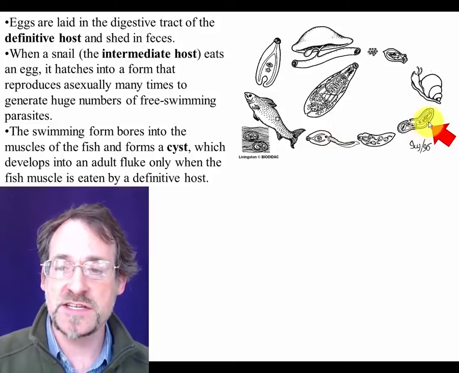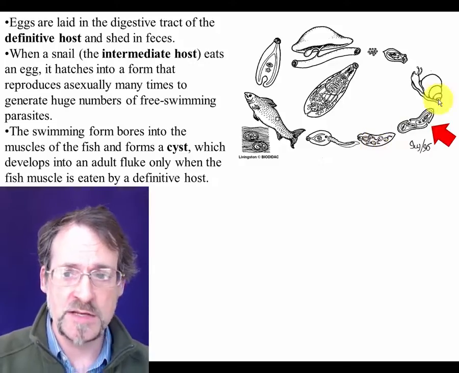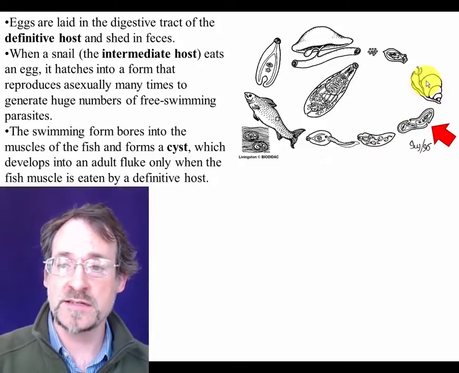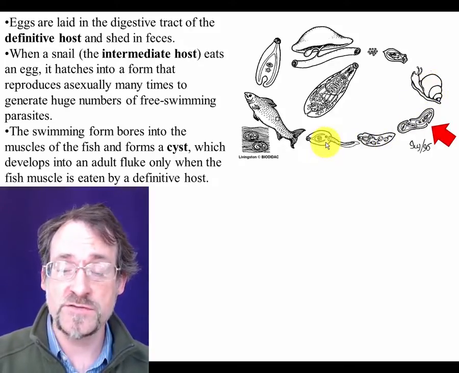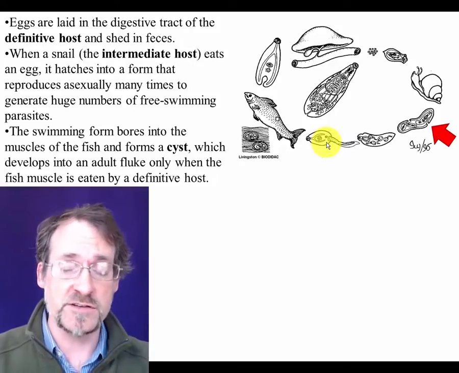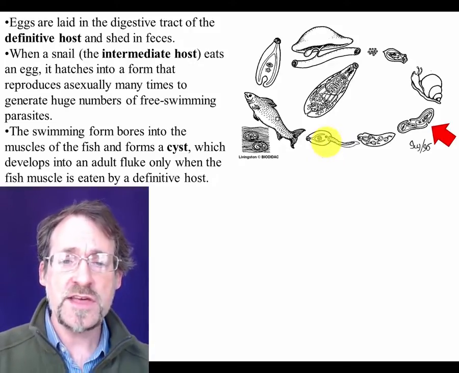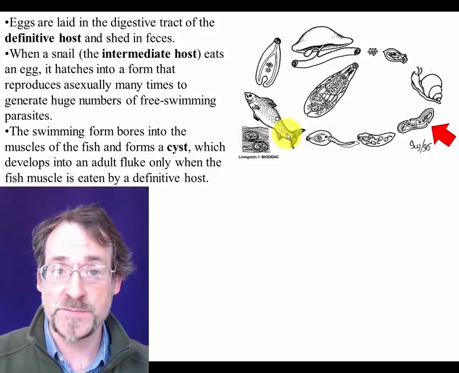And so what you've got essentially is these two rounds of asexual amplification. You start out with one egg inside a snail, but you can end up with hundreds and hundreds of these free-swimming cercariae, which are then released from the snail's body. They then swim out around in the water and search for a fish.